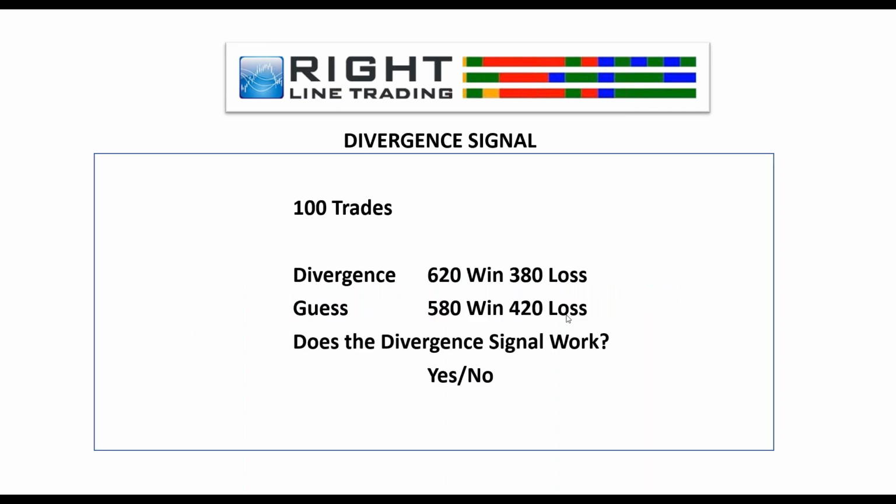So in this particular case, the additional wins that you would get using a divergent signal is no better than guessing. And the fact that you do get more winners with divergence and fewer winners with guessing is simply because it's just a chance random event.